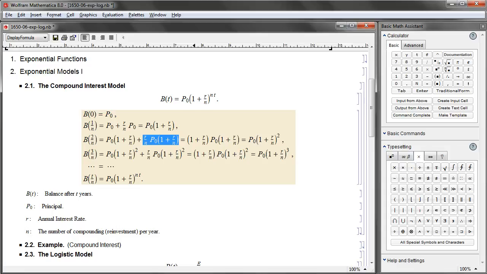So the highlighted part is the interest. Now let's apply some algebra, do some factorization. Then what do we get? P0 times 1 plus R over N, that highlighted part is a common factor. I take it out, and I have 1 plus R over N again. So put those together, and we have the second power.